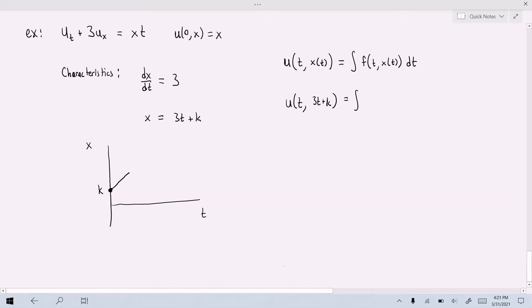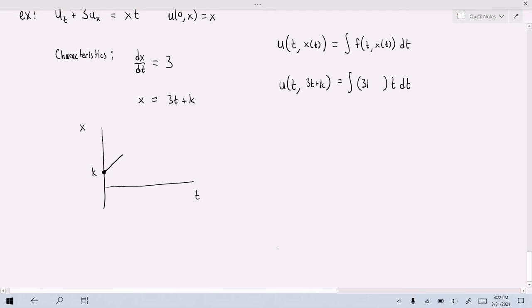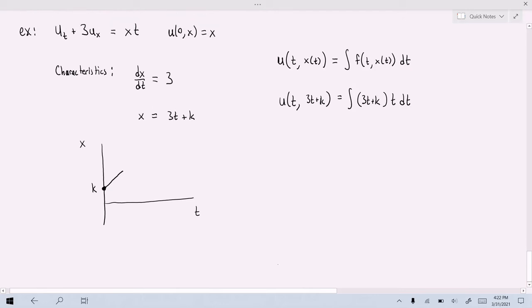F was the function x times t, but for x, we're plugging in x of t. All right. So then here we've got some integration that we need to do. We'll get 3t squared, so the integral of 3t squared is t cubed.